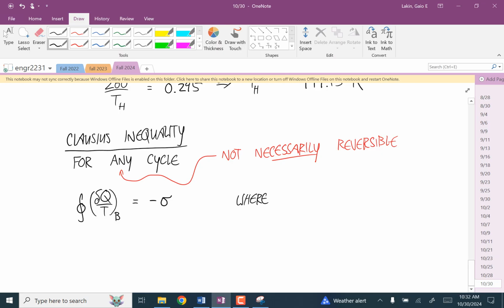Where sigma is 0 for reversible, and otherwise sigma is positive.